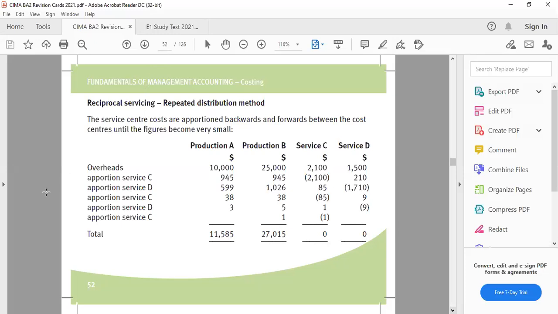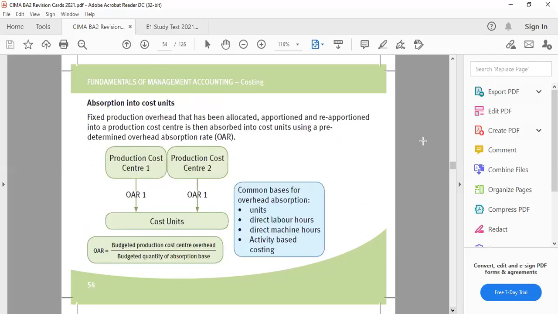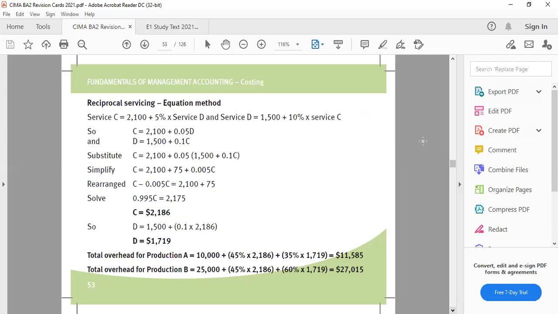So the solution is given to us. Once the overhead costs are given, see, these are the overhead costs, and then the charging starts. How to allocate that? So what do we see is this goes on and on, repeated distribution method. I will show all of them in the Excel sheet. So this is one thing about repeated distribution method. Otherwise, we have it as reciprocal servicing equation method. So let's take it up.